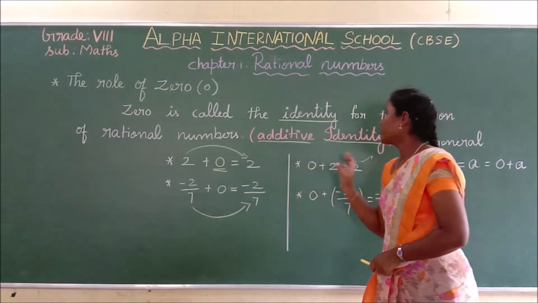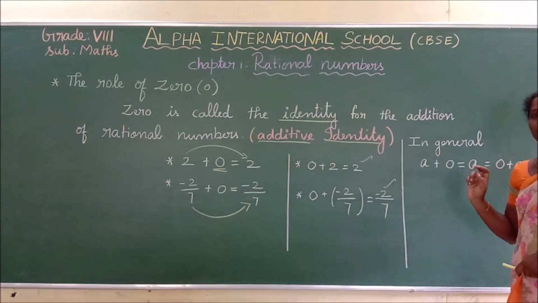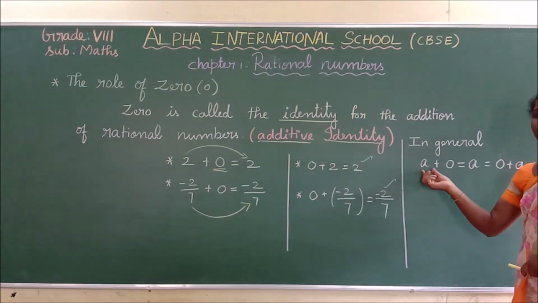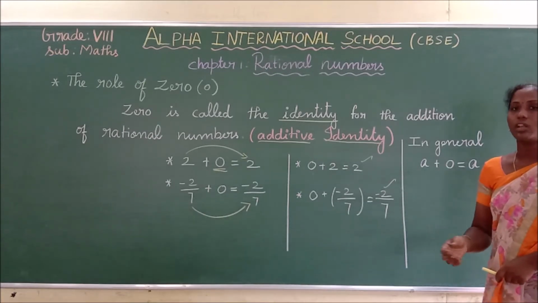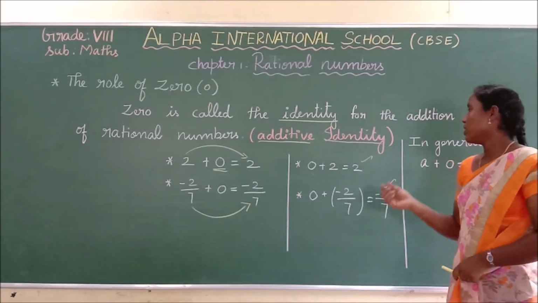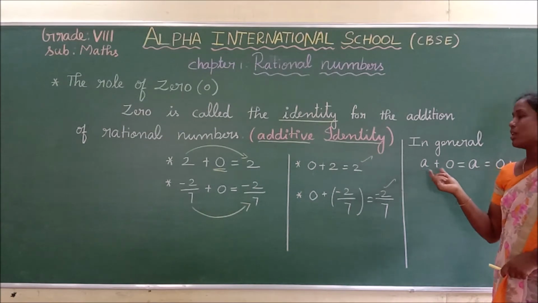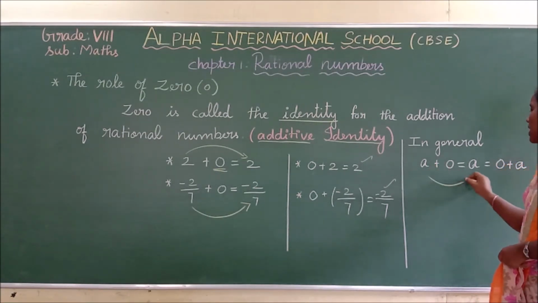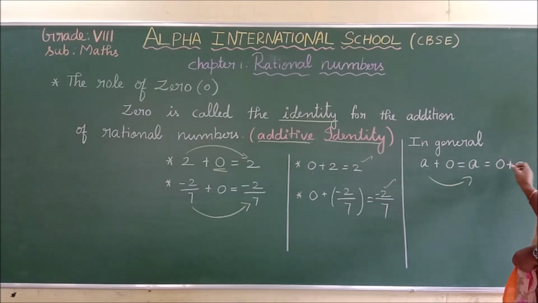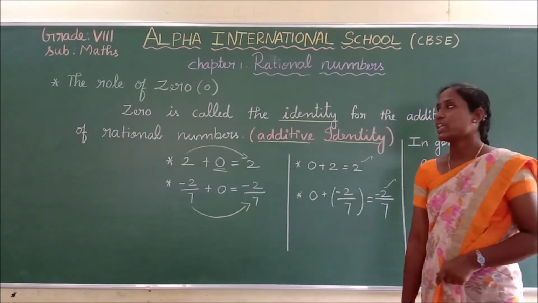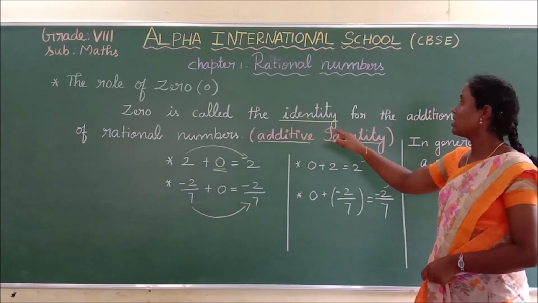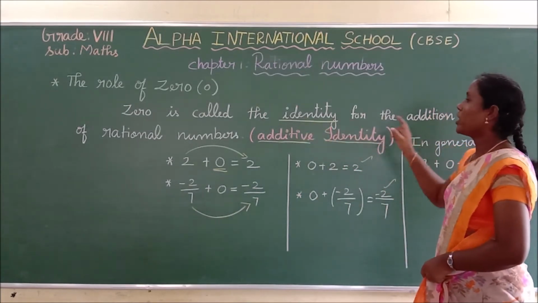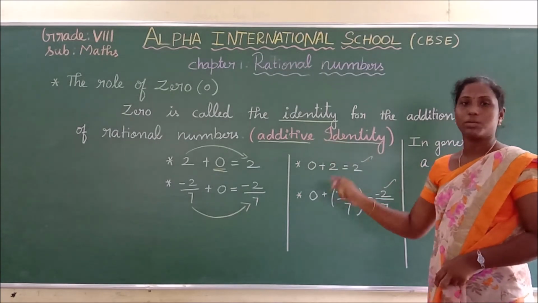In general, if a is any rational number, integer, or whole number, any number, and you add 0 with a, the result is again a. Or 0 plus a, the result is again a. So in general we can say that 0 is the identity for the addition of rational numbers.